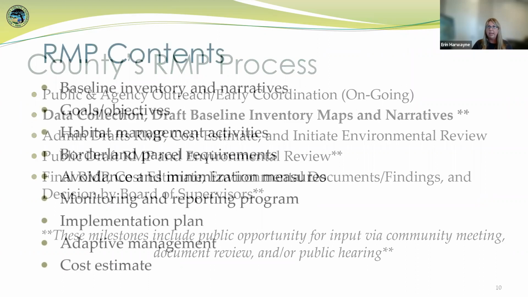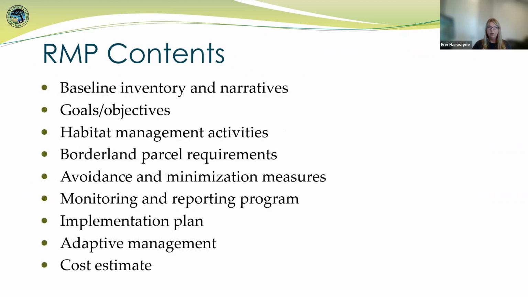All right, next slide. All right, what's inside the RMP? Again, we're going to have a finalized version of this baseline inventory and narratives based on input from you all and the public on the data collected thus far, outlining our goals and objectives, identifying habitat management activities, and again, borderland parcel requirements. There's a little bit of a difference, as I tried to describe.